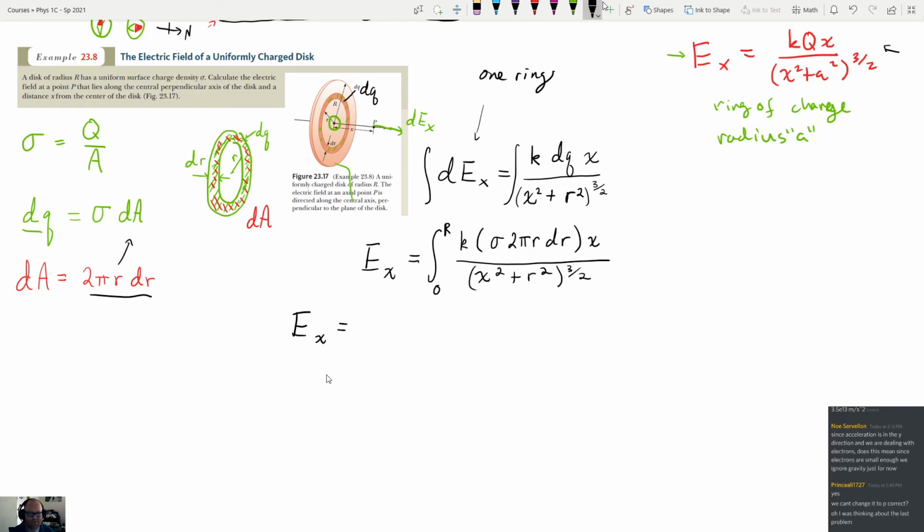All right, so next thing, let us factor out, or pull out, all of the things that are constants. So we have, let's see, we'll start with 2 pi k sigma x.